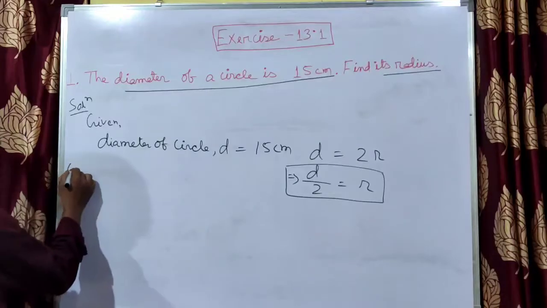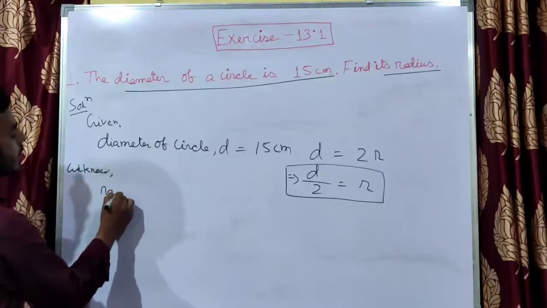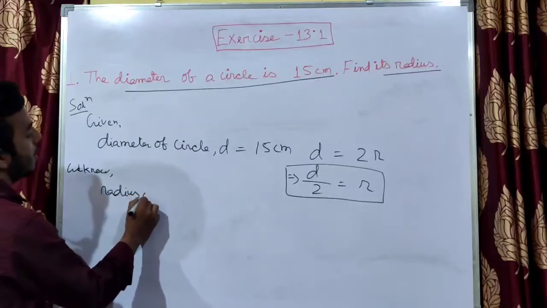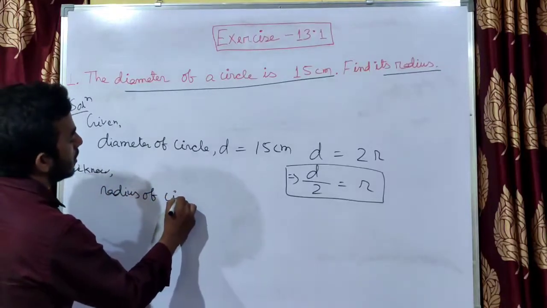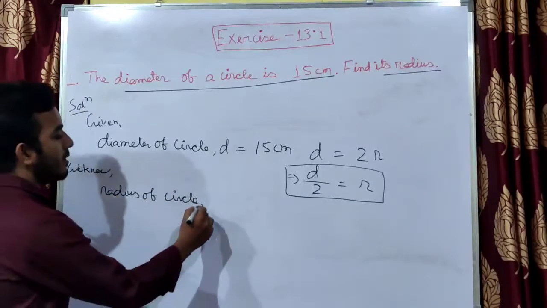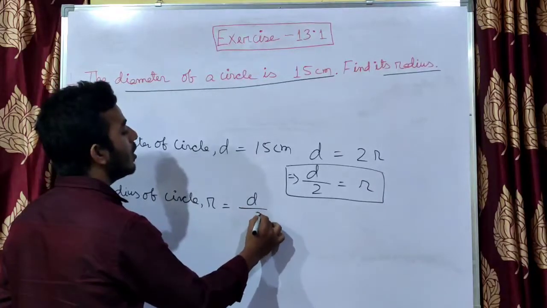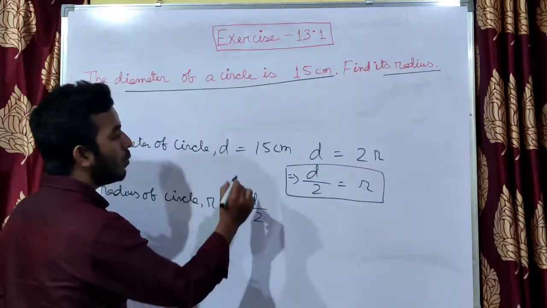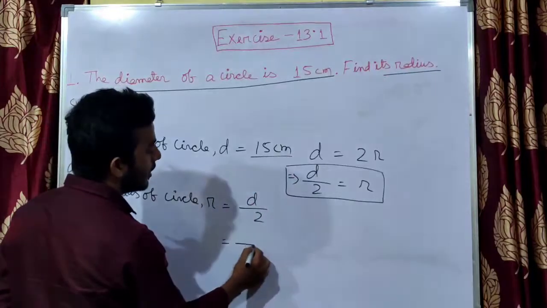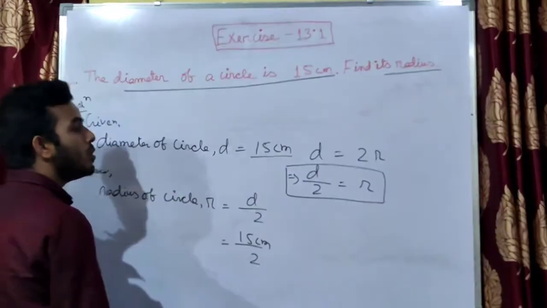Now we know radius of circle is denoted by r. Radius of circle r equals d by 2. So in place of d we will write 15 centimeter. 15 divided by 2 is how much?